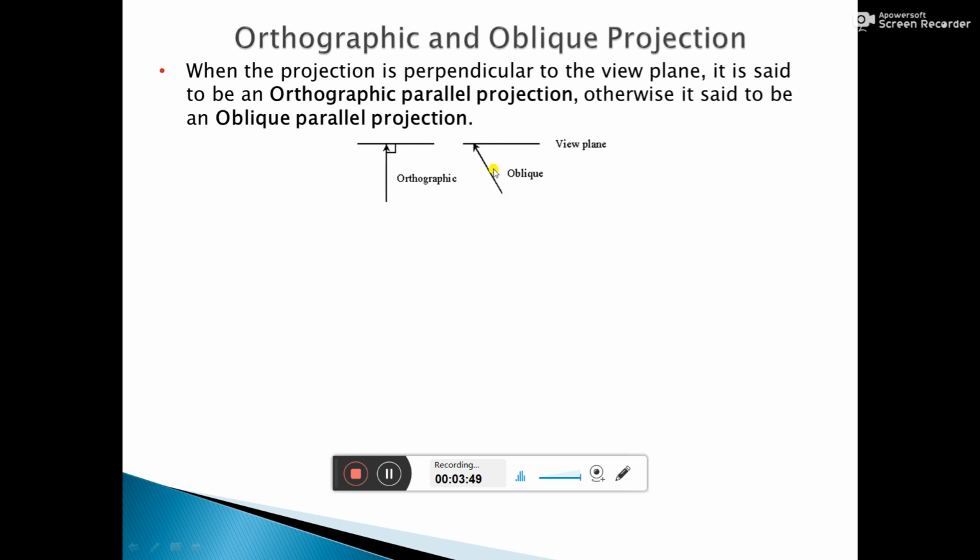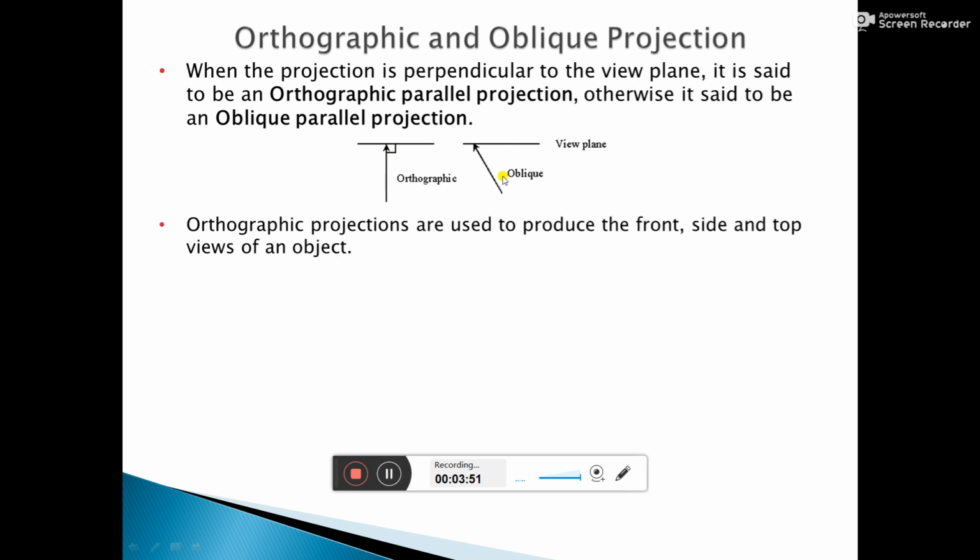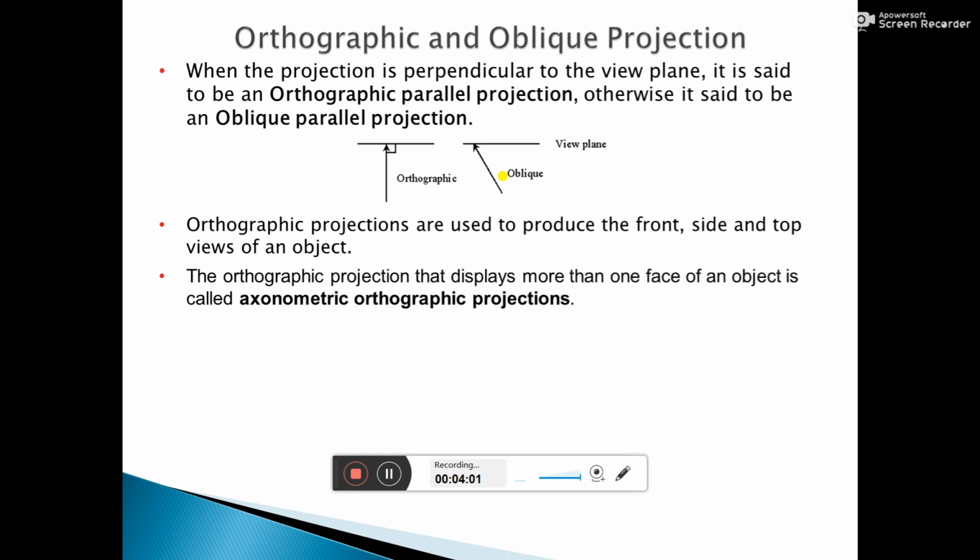This is called oblique projection. Orthographic projections are used to produce the front, side, and top views of an object. If the orthographic projection can display more than one face of an object, it is called axonometric orthographic projection. See this diagram. This is perpendicular to the view plane, so this is called orthographic.